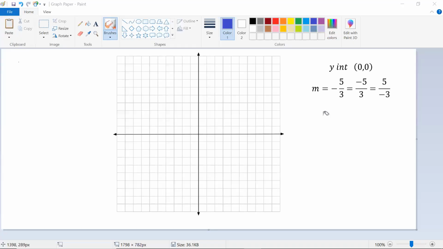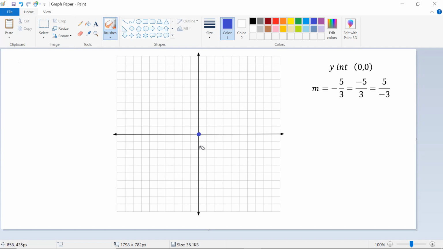Let's go ahead and graph using the information that I've found. The y-intercept is the origin, 0, 0. And if I'm looking at -5 over +3, remember that's change in y divided by change in x.